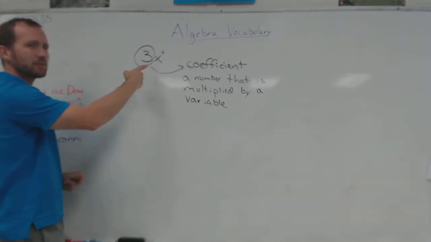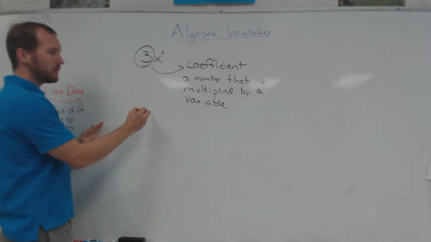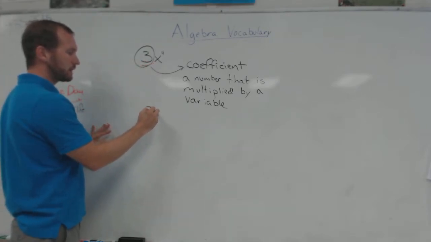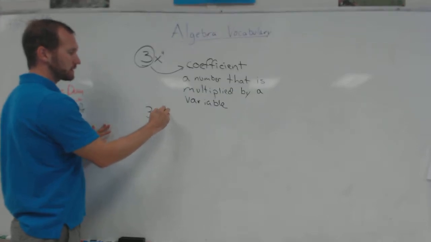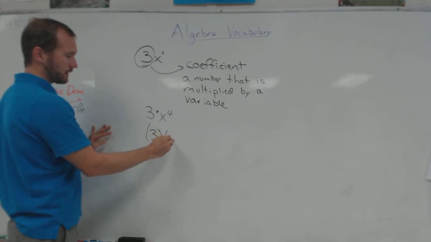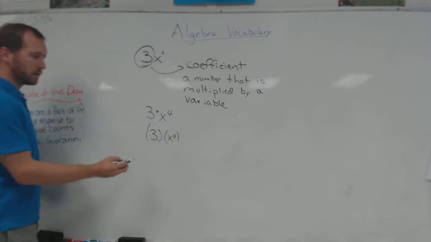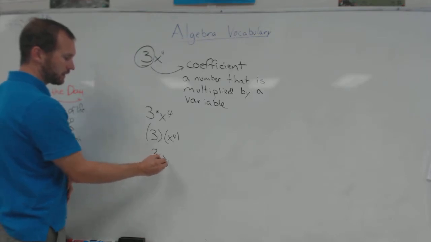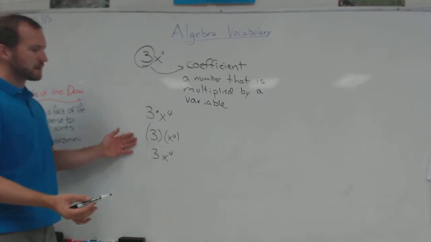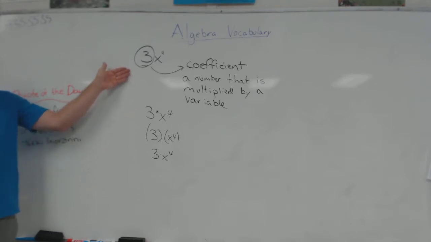There's a lot of ways to write this. In algebra, you always see it written like this, but it could be written 3 times x to the fourth, or 3x to the fourth. All of these mean the same thing, right? These all are equal.